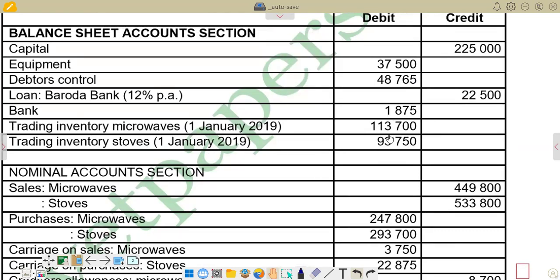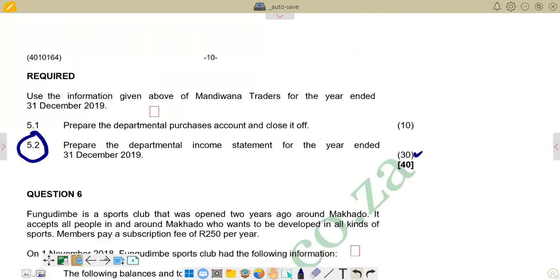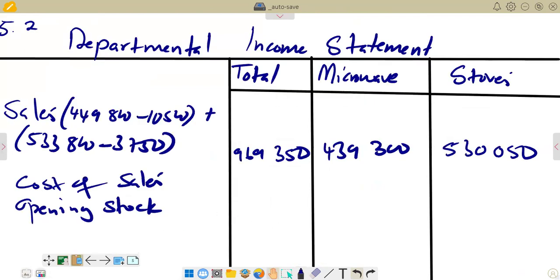So we are just going to post it, there are no adjustments in terms of our opening inventory. So we go there. So here we're saying opening inventory for our microwaves, we've got 113,700.